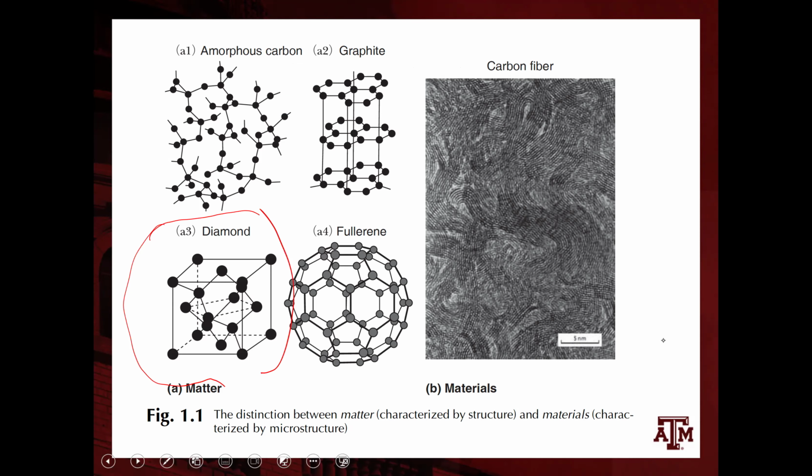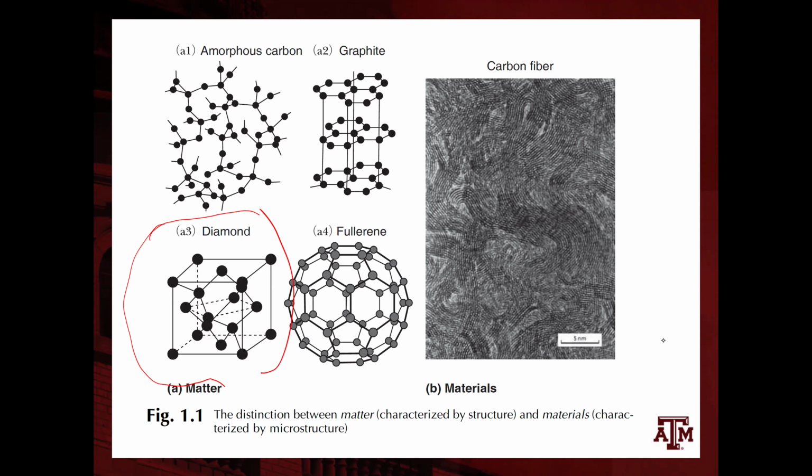Even for the same element, it could have different crystal structures at different temperatures and pressures. That's a phenomenon called allotropy that we're going to talk about. Also, we can make composites or change the microstructure of a specific element at different scales. When we make carbon fibers or carbon-carbon composites, again we're talking about the same element, but we can prepare it in different ways.